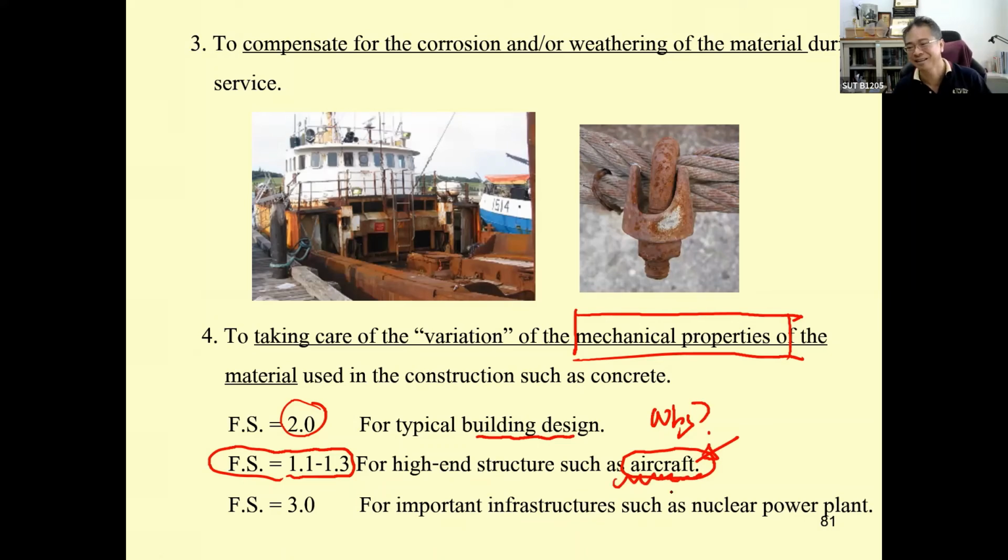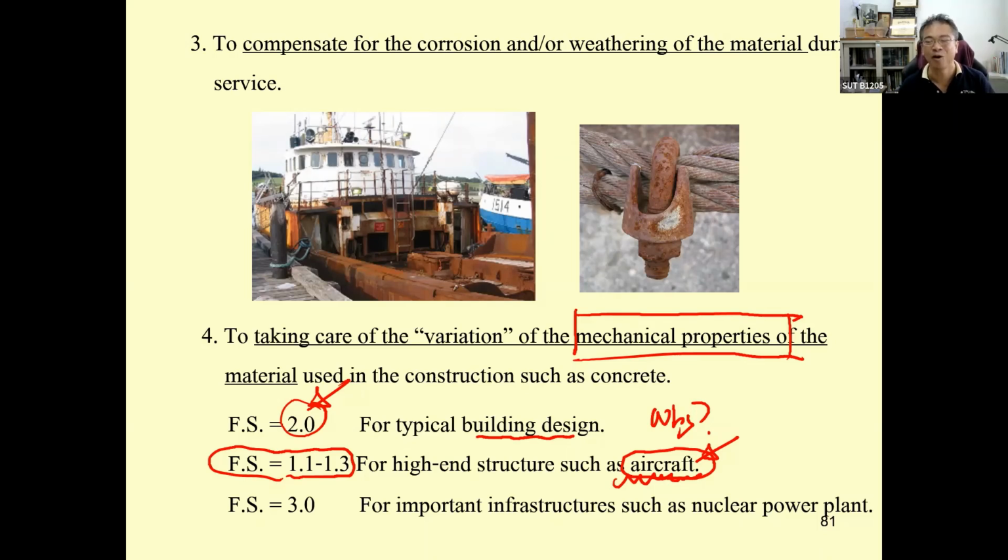In reality, if you use 2.0 in the aircraft design, your aircraft is going to be very big, such as a Boeing. It is big and heavy. An aircraft like that will consume a lot of fuel, and it is going to be uncompetitive for Boeing to sell.